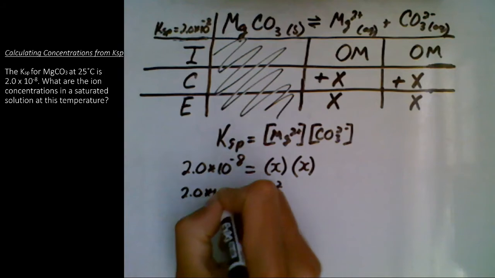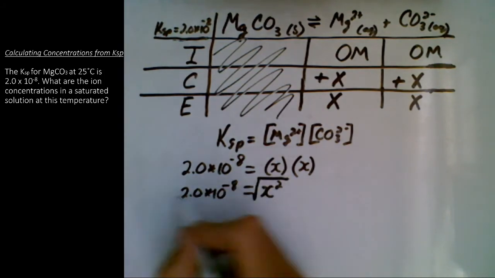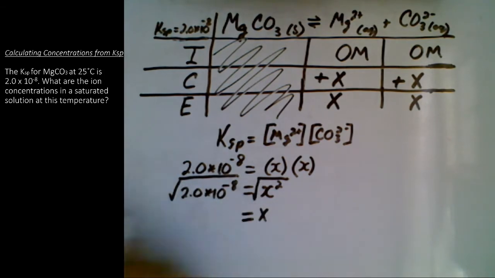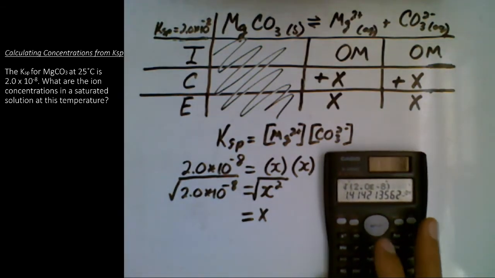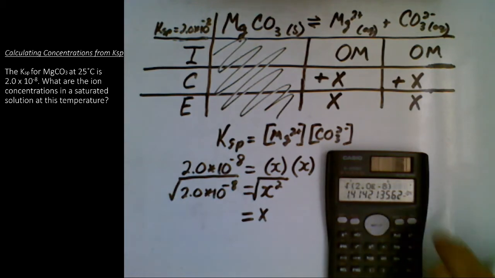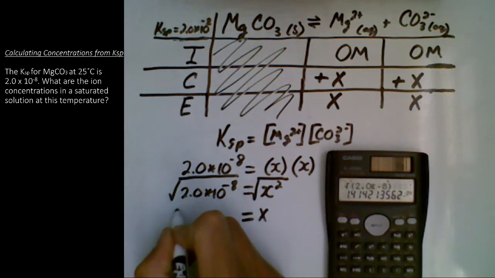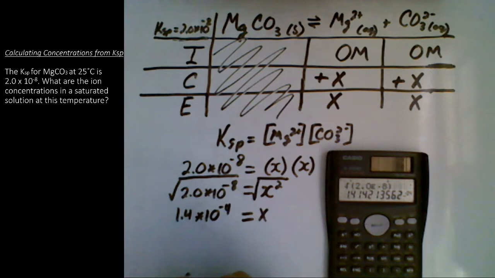And the only thing that we need to do in order to solve this question is take the square root. So the square root of 2.0 times 10 to the minus 8 is going to be 1.414213562 times 10 to the minus 4. Now we want to keep two significant figures because of the Ksp having two significant figures. So x is going to be 1.4 times 10 to the minus 4.